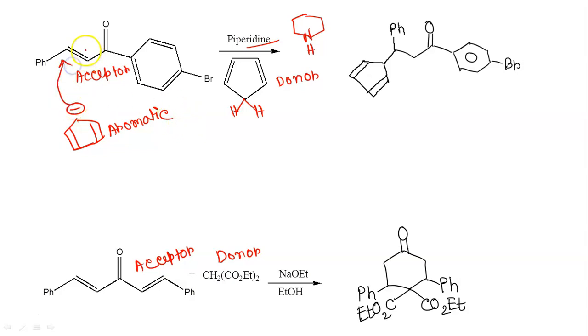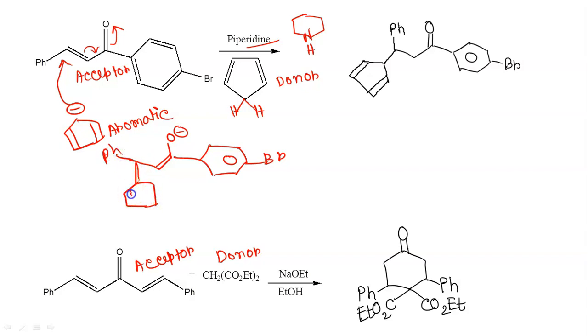So it will attack here, the double bond will be shifted and there will be an O negative charge. This is our donor which is attached, and this is the newly formed CC bond. Finally it will take a proton from the protonated base.